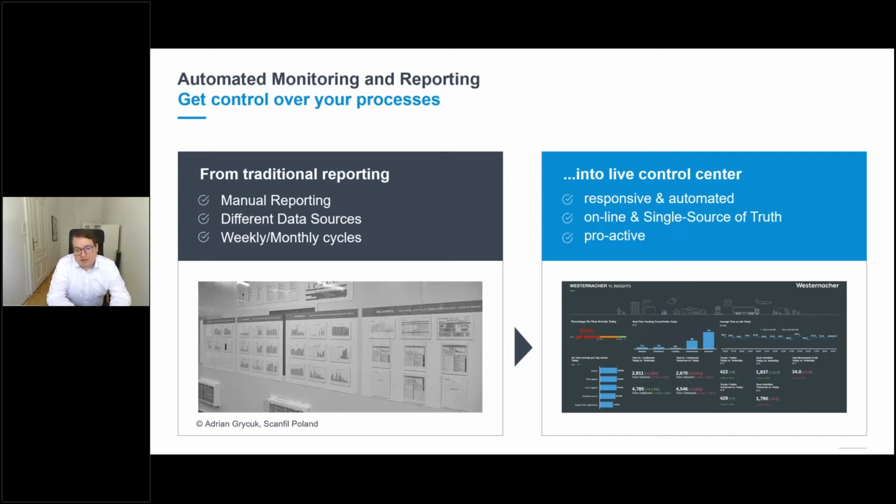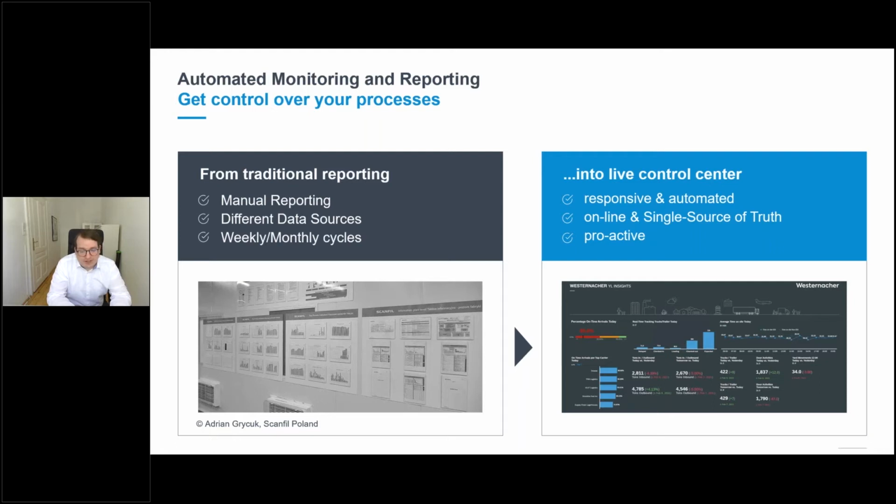And of course, it's proactive. With traditional reporting, you would need to passively be informed about deviations, about process steps that are not used to full extent. With a live control center, there would be proactive reporting, meaning the system itself could raise alarms, or raise an alert, or even trigger follow-up actions already to react to exceptional situations.